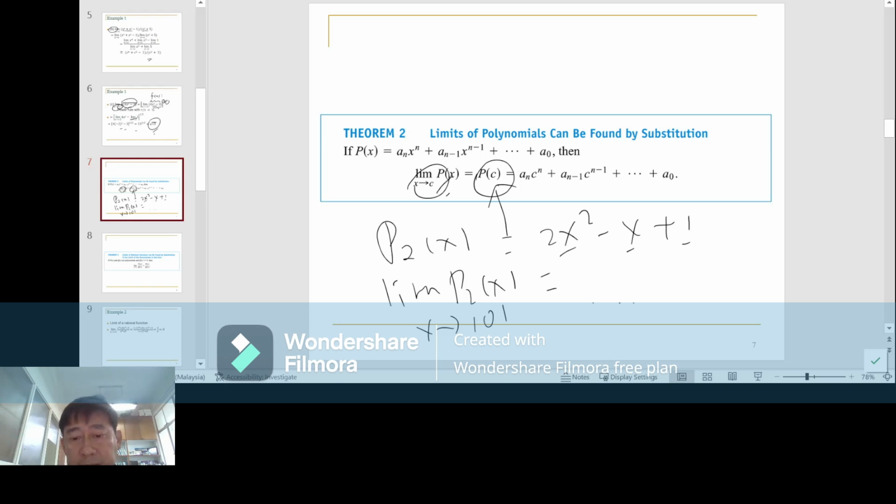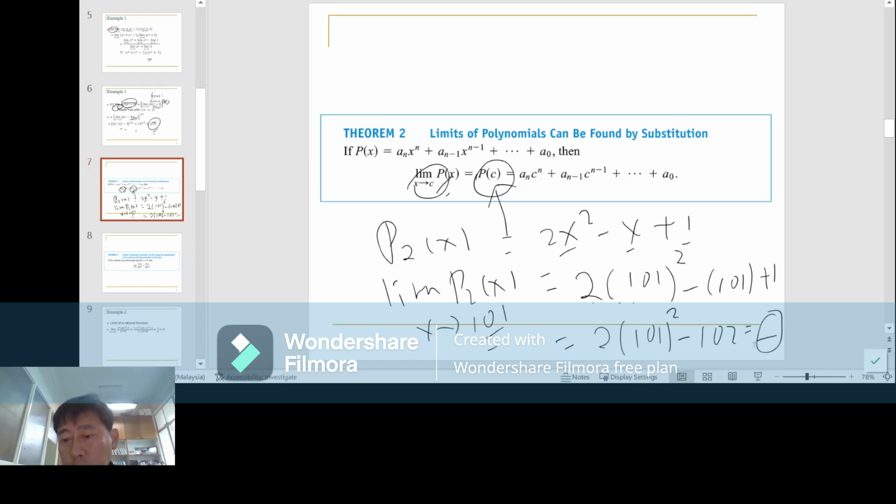You just simply substitute the value of c into the expression of the polynomial. That is, just calculate this number, 2 times 101 squared minus 101 plus 1, and just work out the number.